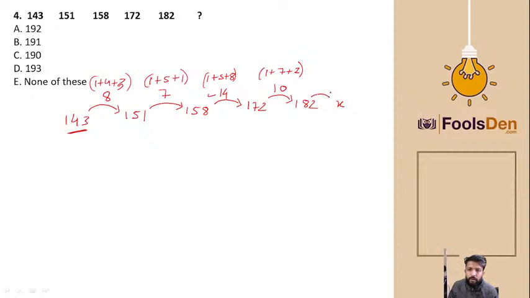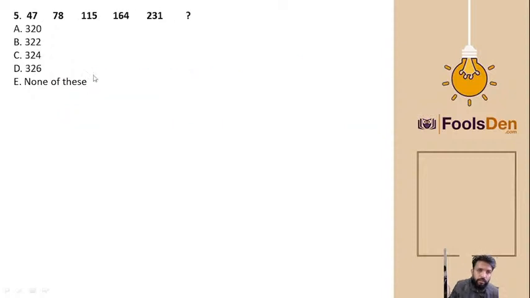Now follow the same pattern, just add these. That is 8 plus 2, 10. We add 11 in 180. The answer is, instead of x, the answer. Hope this is clear. Now let us proceed to the next question.